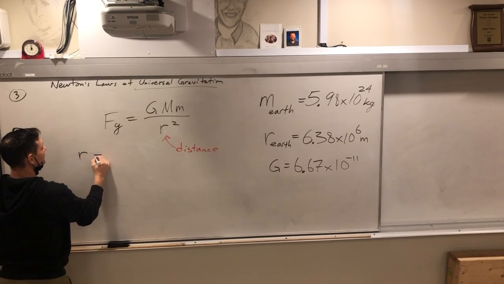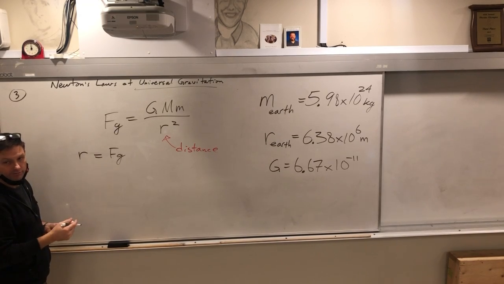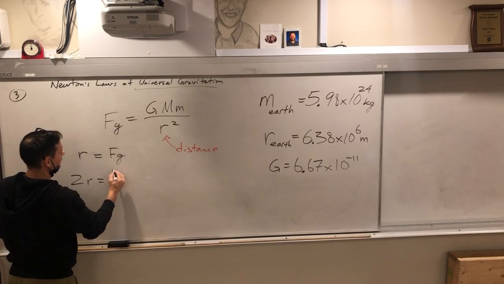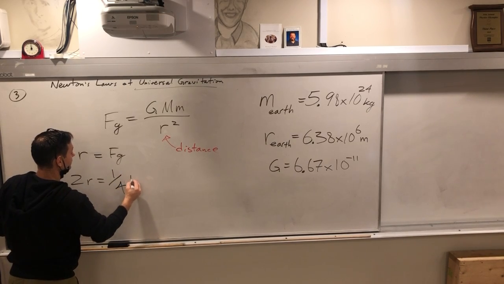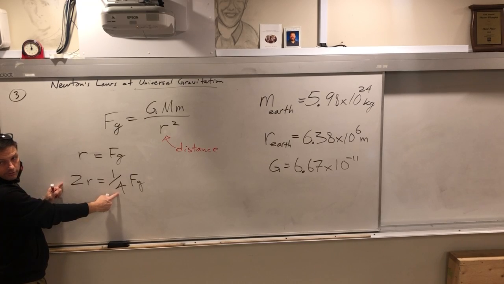If you have R, you have Fg, whatever the force is. If you have 2R, you have 1/4 Fg, because 2 squared is 4.